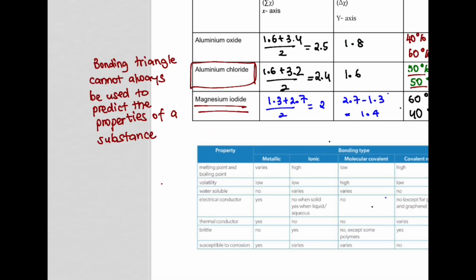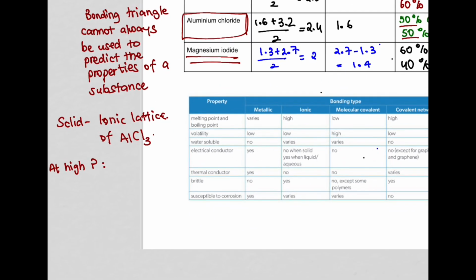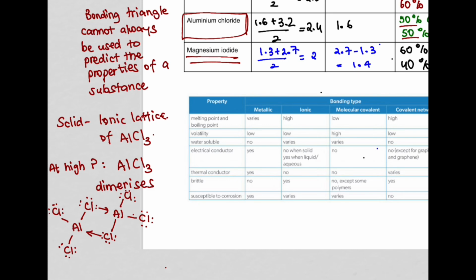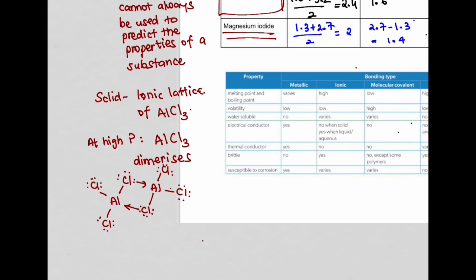So aluminum chloride forms ionic lattices when solid, but at high pressure the ionic lattice will melt and it's going to form aluminum chloride dimers. And this is how the dimer looks, and in the dimer you're going to have coordination bonding. So you can see that the chlorine donates both electrons to aluminum here and here.